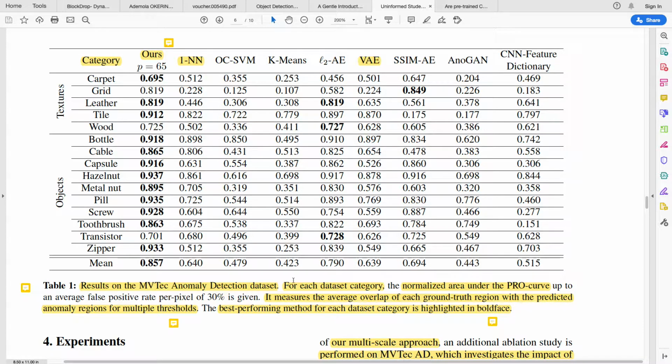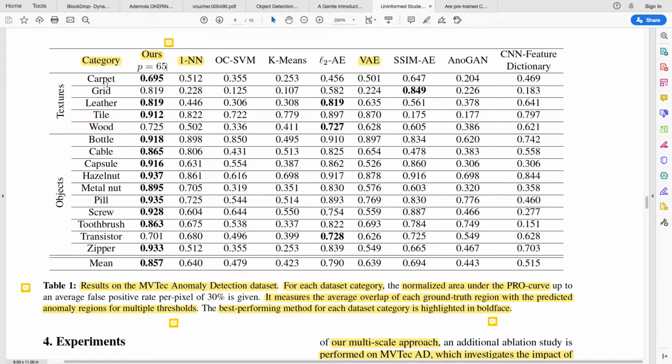These are some of the results on the MVTec anomaly detection dataset. This is their result, and the ones in black show the highest performance, with a receptive field of 65.